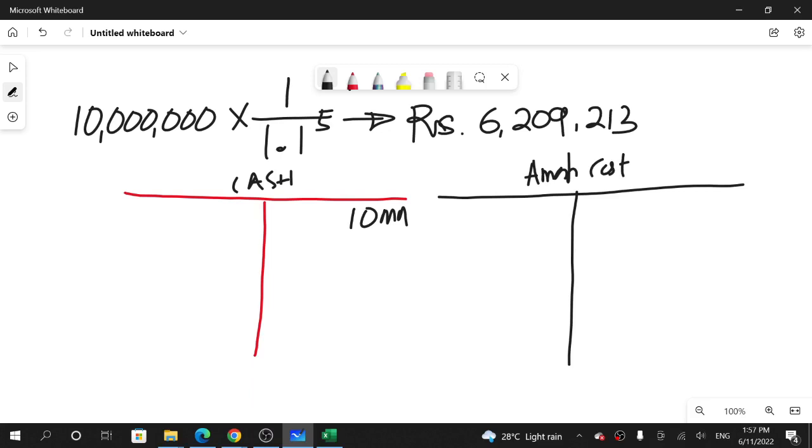But remember, now you can recognize this amortized cost asset at 6,209,230. So that is the amount that you can recognize.